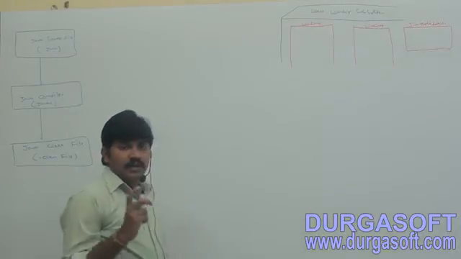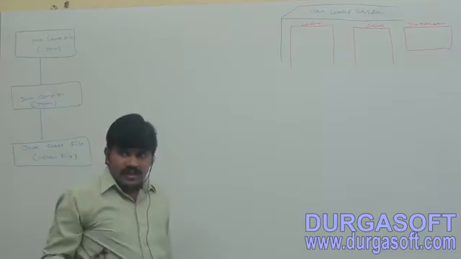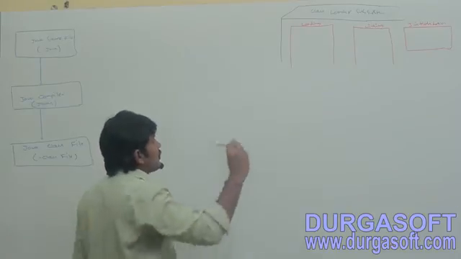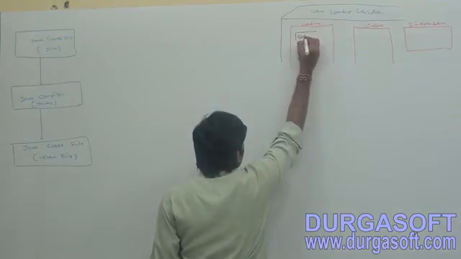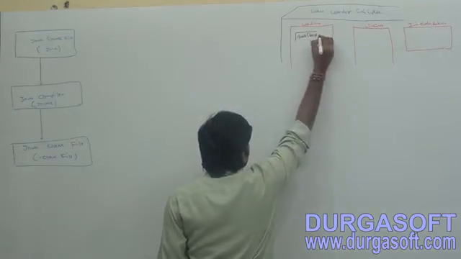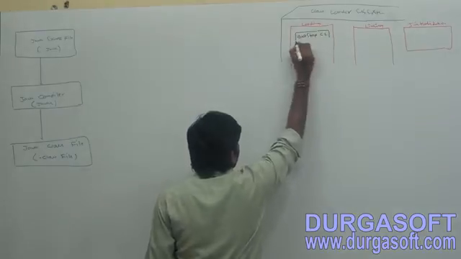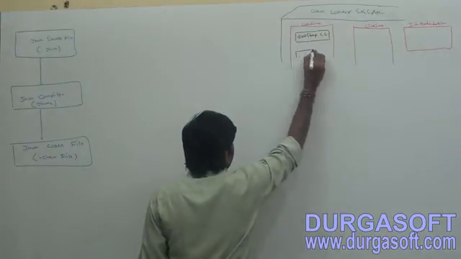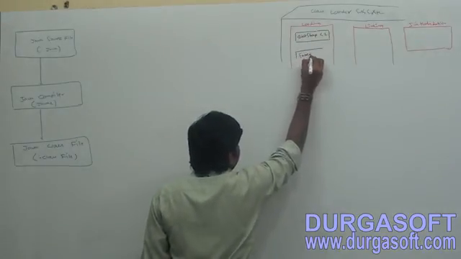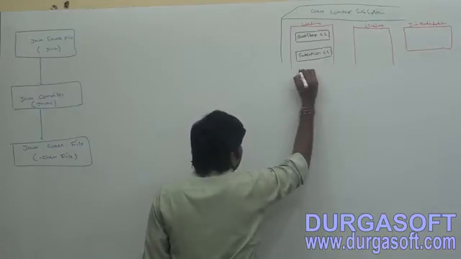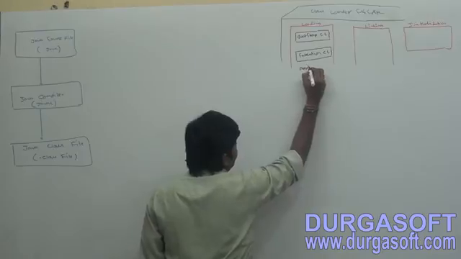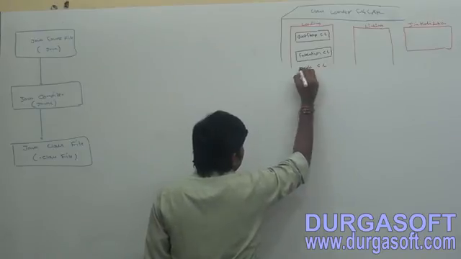Even in the loading, I hope you are aware, there are multiple parts once again: bootstrap class loader, extension class loader, and application class loader. The first one is the bootstrap class loader, the second one is the extension class loader, and the third is the application class loader.